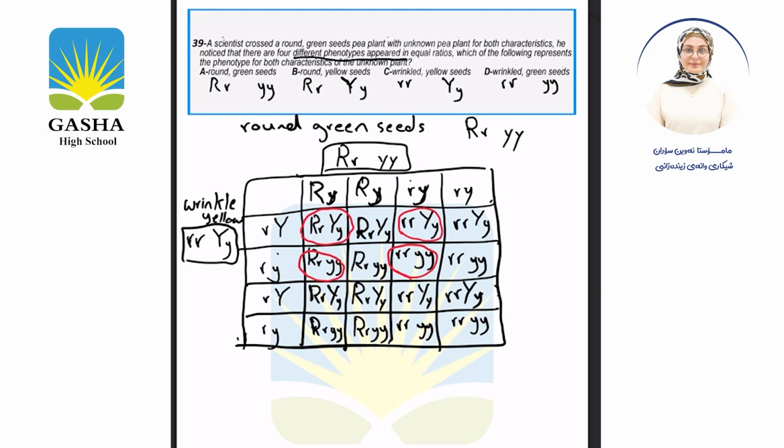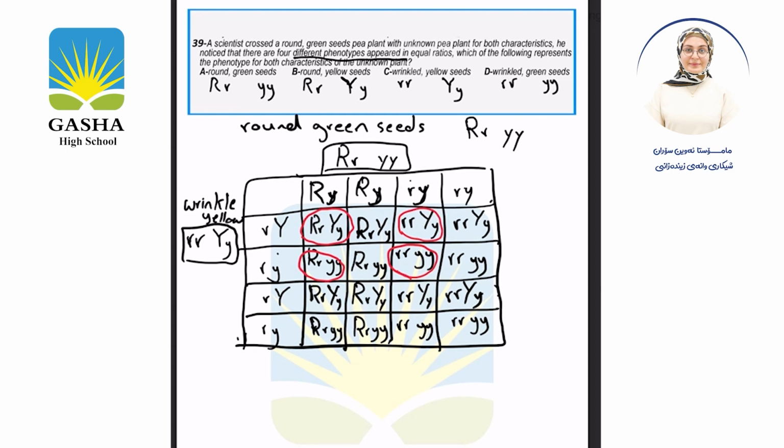For solving this question, we have to cross the round green seed with all the multiple choices A, B, C, D, and check the result. If the result has 4 phenotypes, it's true. If not, it's false. I will only show you the right one.